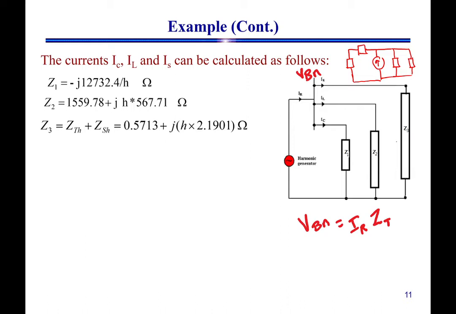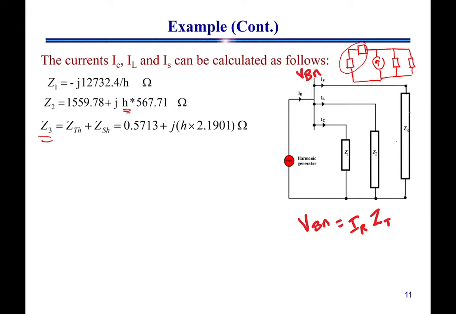Now the source and the transformer can be called Z3. So it will be the transformer plus the source impedance. Now we are looking at, let us say, the fifth harmonic, so h will be 5. Z2 will be the load impedance at the fundamental frequency, but now at the fifth harmonic, so it will be multiplied by h.